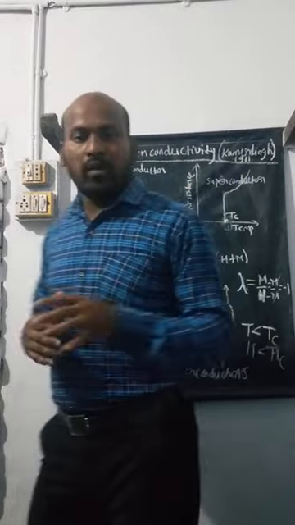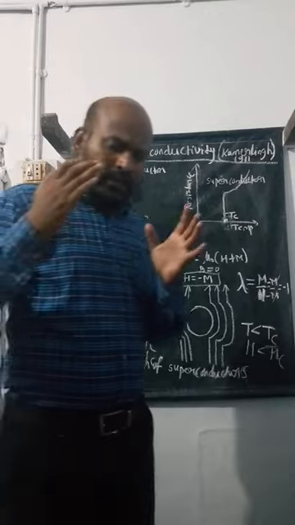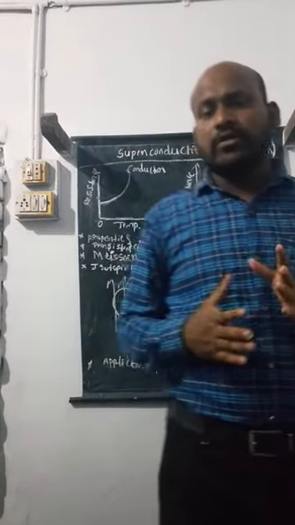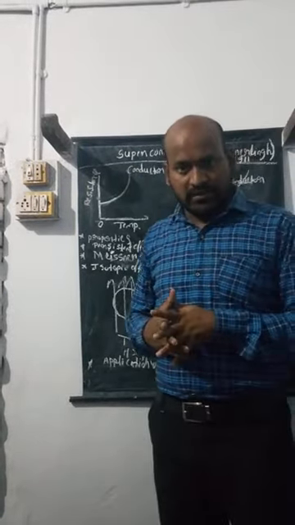Are you getting my point? Electric resistance varies with respect to temperature. If you decrease to a lower temperature, a particular material shows 0 resistance. The material that shows 0 resistance, we can call a superconductor.